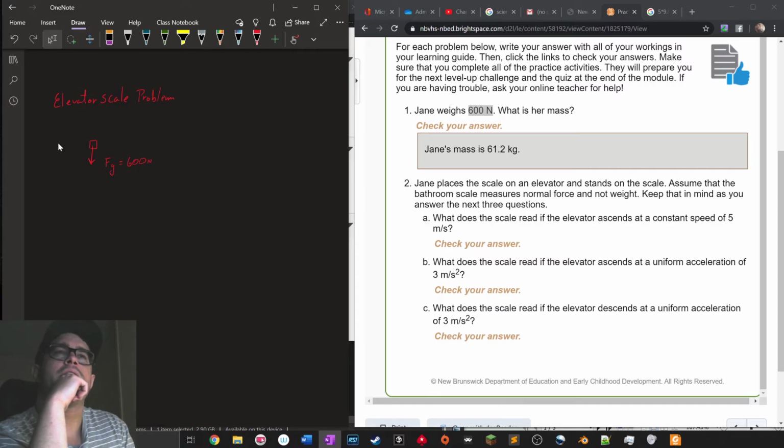But then there's a normal force, N. And she's accelerating, right? Keep that in mind. What does the scale read if the elevator ascends at a constant speed of 5 meters per second?